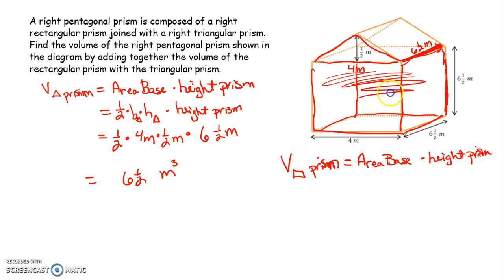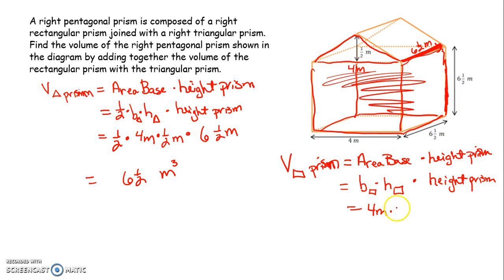So now we're going to find the volume of the rectangular prism. So area of the base would be the length of the base of the rectangle times the height of the rectangle. And then once we get that, we'll multiply that by the height of that rectangular prism. Base of our rectangle is 4. Again, you could have also used length times width times height.